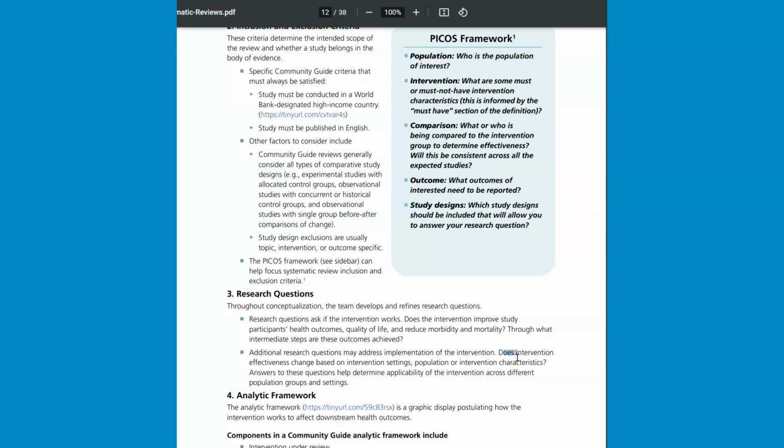So it's good to see where these interventions are effective, and see if there's generalizability of the findings.